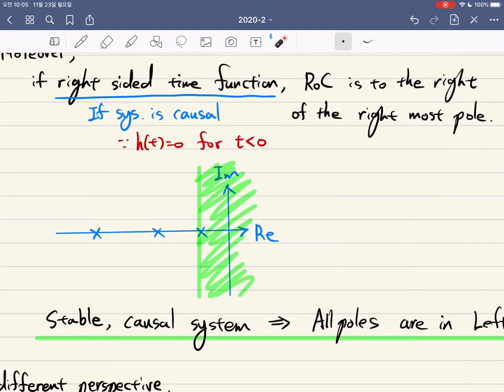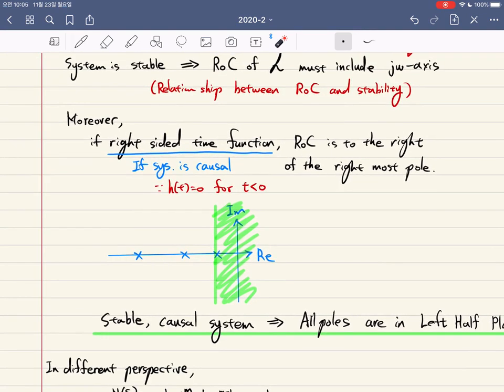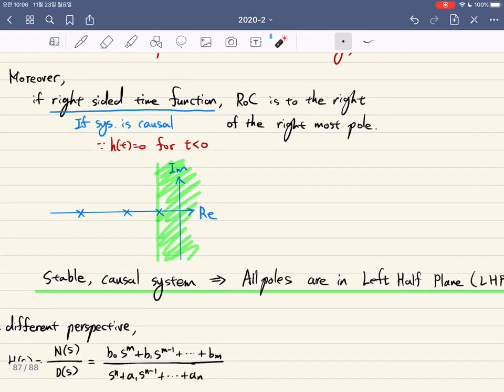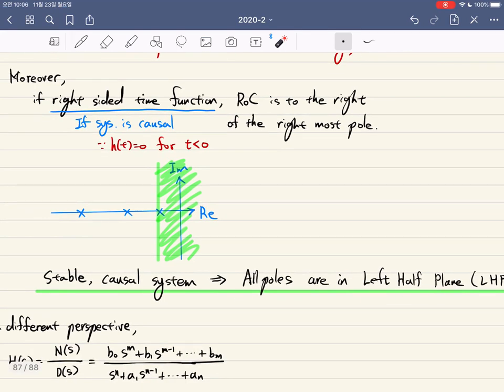And therefore, to include the Fourier transform sector, all poles should be on the left half plane, because the ROC is to the right of the rightmost pole, and it must include the imaginary axis of the s-plane.